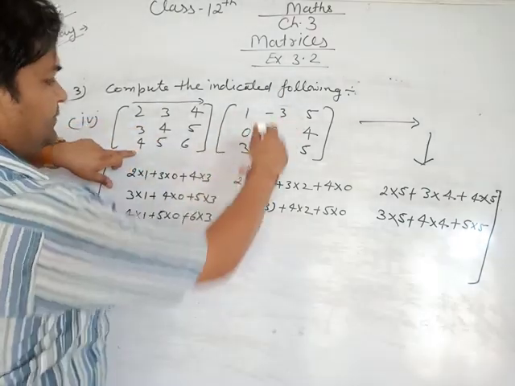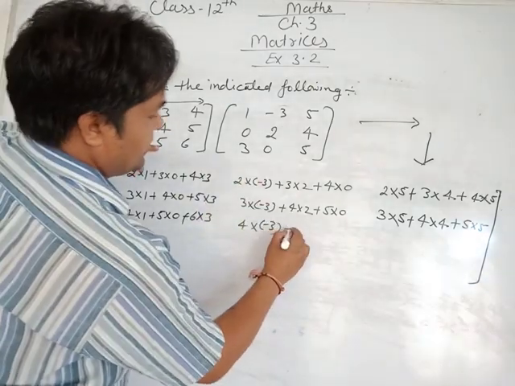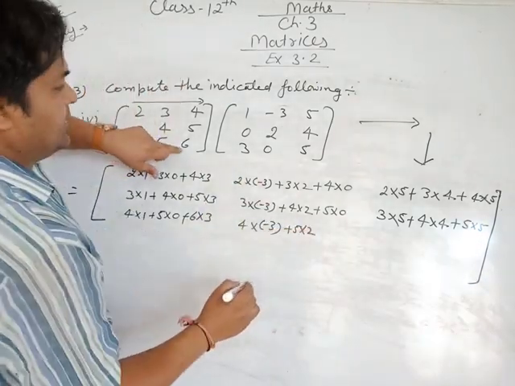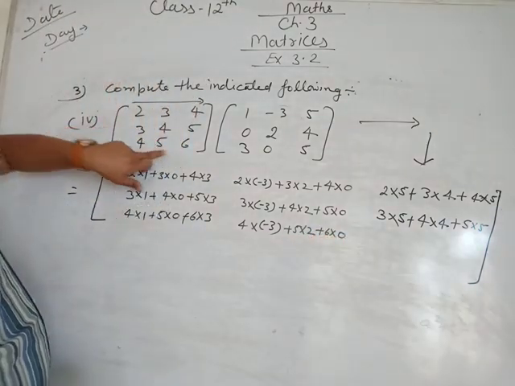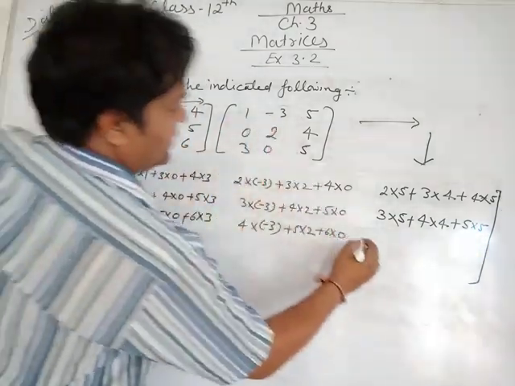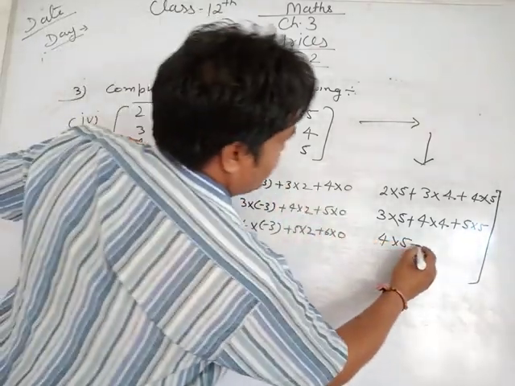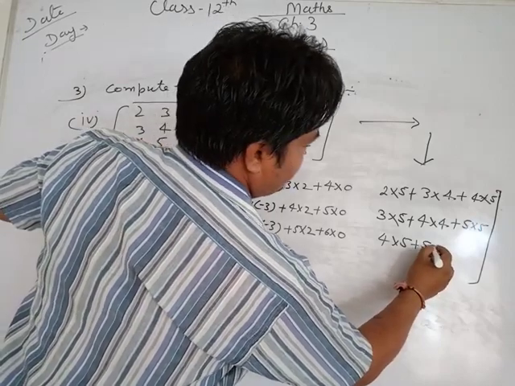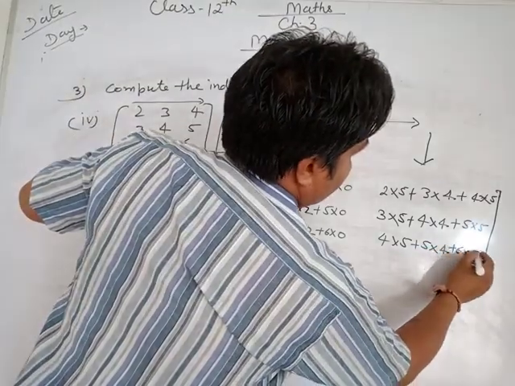Second, 4 multiply minus 3, 5 multiply 2 and 6 multiply 0. For the third element, 4 multiply 5, 5 multiply 4 and 6 multiply 5.